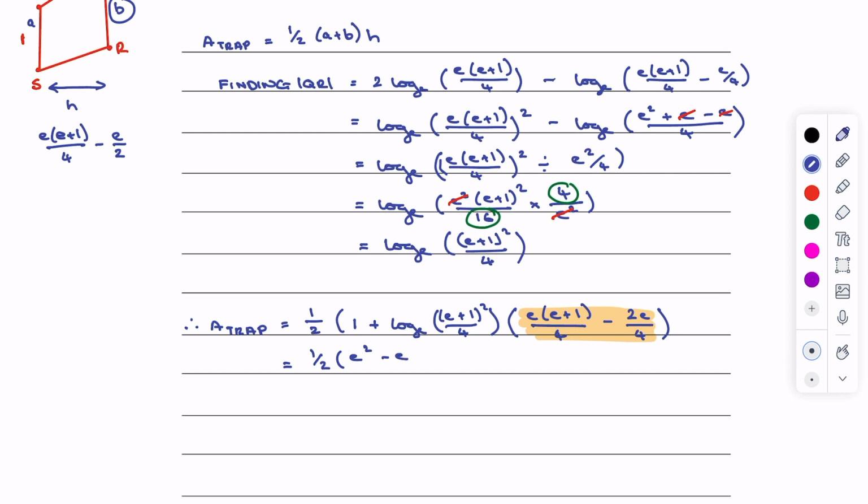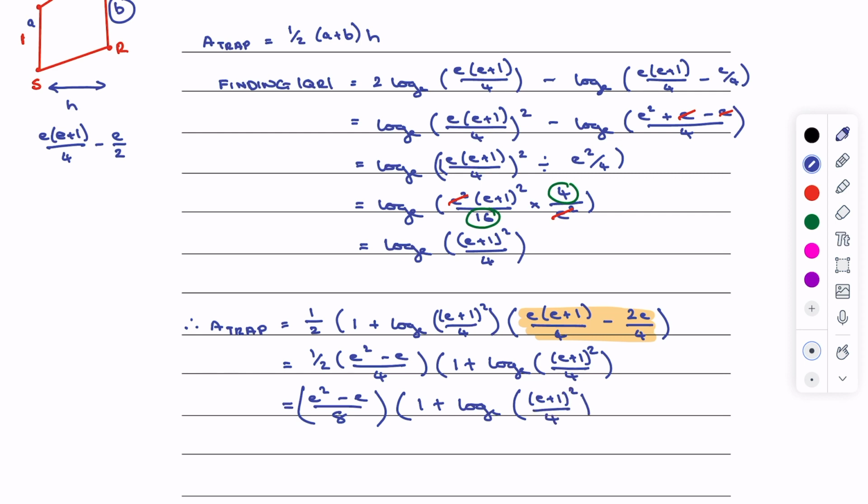That gives me minus e all up, all on 4. 1 plus log (e plus 1) all squared on 4 equals e squared minus e on 8. That's when I carry the half through. 1 plus log (e plus 1) all squared on 4.